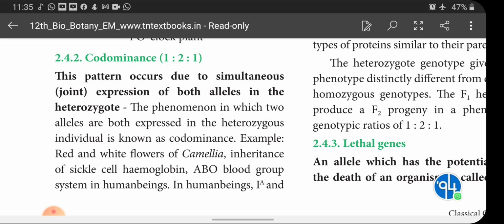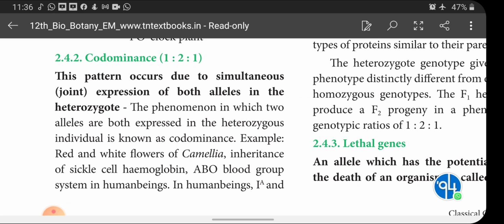This pattern occurs due to simultaneous expression of both alleles in the heterozygote. The phenomenon in which two alleles are both expressed in the heterozygous individual is known as codominance. Heterozygous individual means the alleles for phenotypic characters will not be the same, but differ. Though they differ, the two characters express together in the young one.